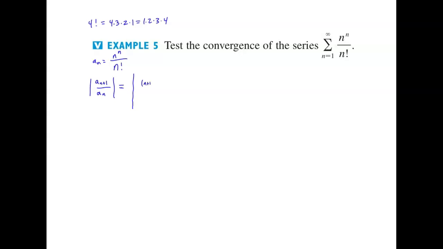We'll have n plus 1 to the n plus 1 over n plus 1 factorial. All right, so that's my a sub n plus 1, and then here's my a sub n, just n to the n over n factorial.